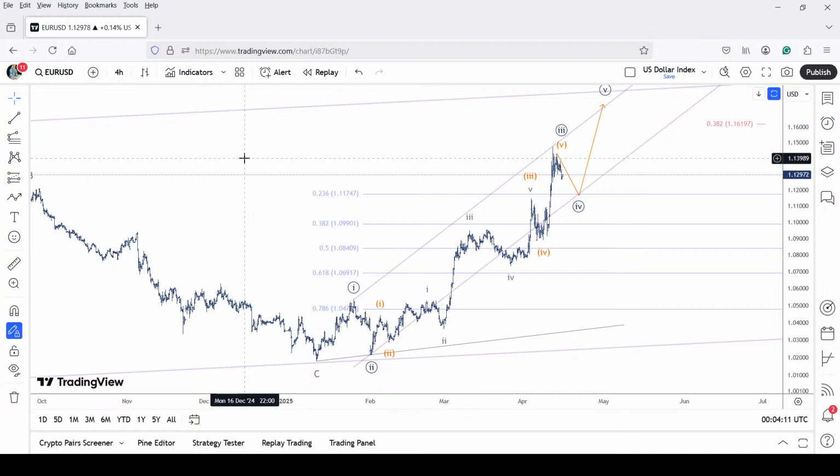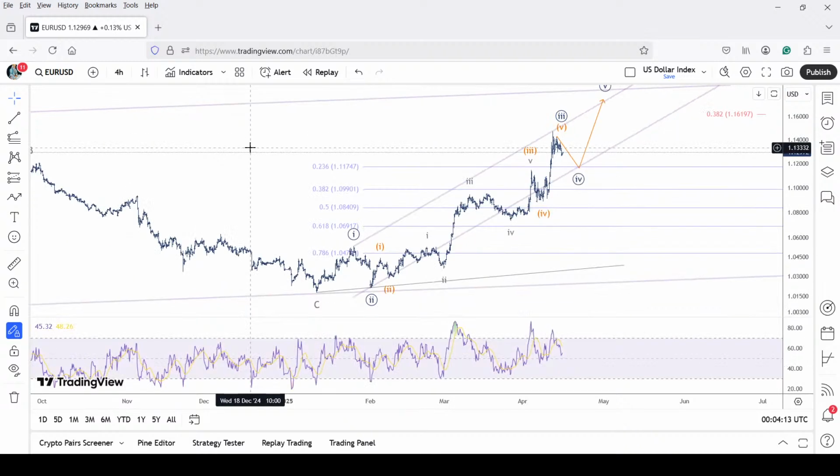Let's check out the 4-hour chart. It is still around the 52 mark, so maybe one more low around the 40 zone in the 4 hours would confirm that, and give us a little bit more confidence about wave 4 being terminated.